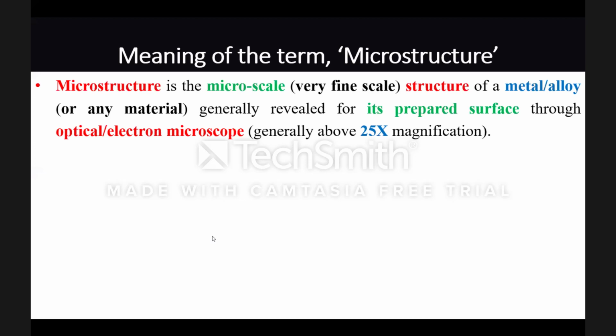So when this prepared surface is looked at on microscopic scale through an optical or electron microscope, we get to see what is termed as microstructure of the material. So microstructure of a material system is the micro scale structure, which is revealed generally for its prepared surface through these microscopes. Optical microscope is there, scanning electron microscope is there, transmission electron microscope is there, etc.